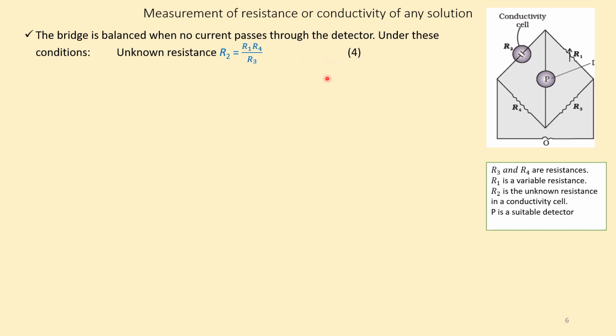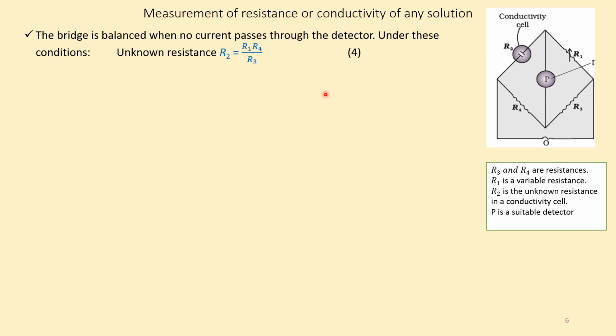So I will repeat this. When the bridge is balanced, no current passes through the detector P. Under this condition, unknown resistance R2, that is the resistance of the conductivity cell, equals R1 R4 divided by R3. Let it be equation 4.